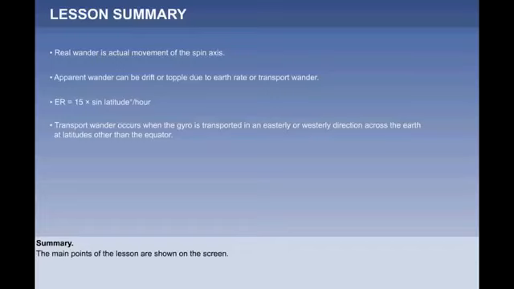The formula for apparent topple due to Earth rate is: apparent topple equals 15 times the cosine of the latitude, in degrees per hour. The formula for transport wander is: transport wander equals the easterly component of ground speed divided by 60, times the tan of the latitude, in degrees per hour.